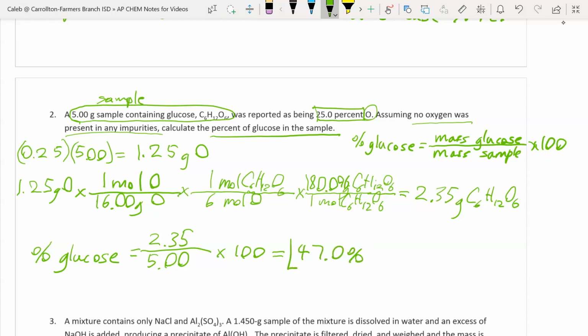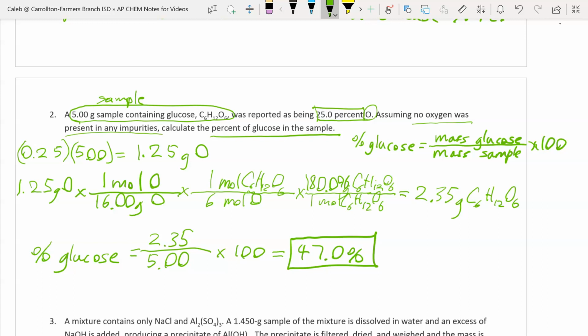Okay, a couple things just as we go back over it. What we need to know is we can only do this if no oxygen was present in any impurities. In other words, all of the oxygen in our sample definitely came from glucose. There's no other impurity it could come from.